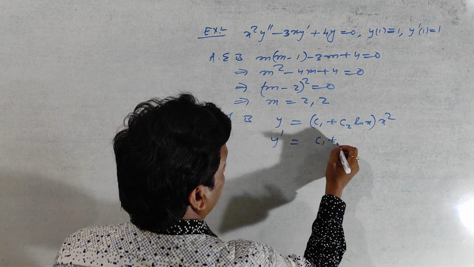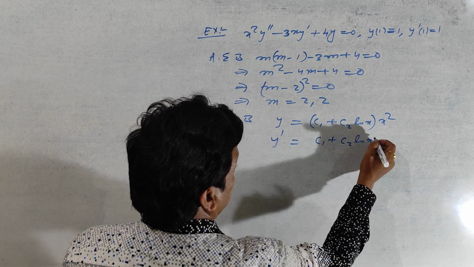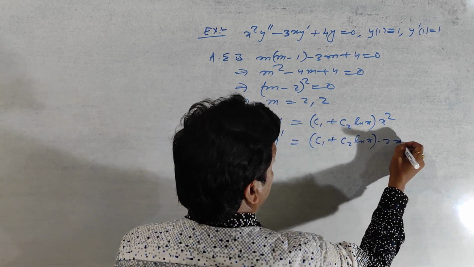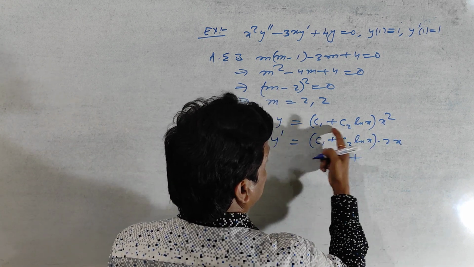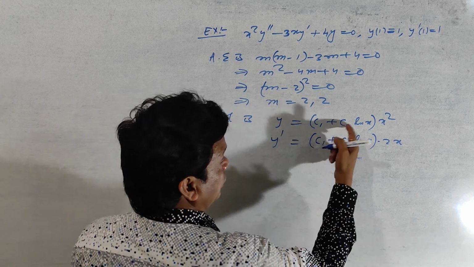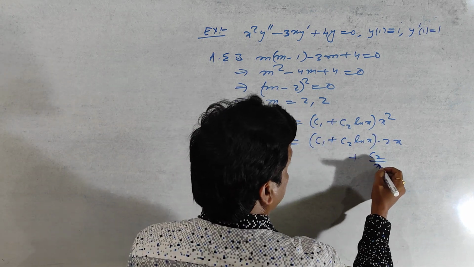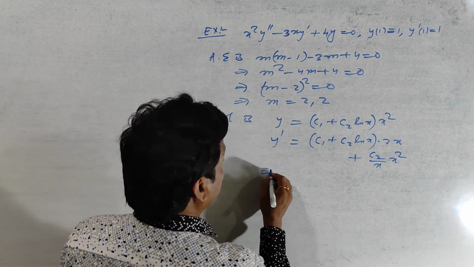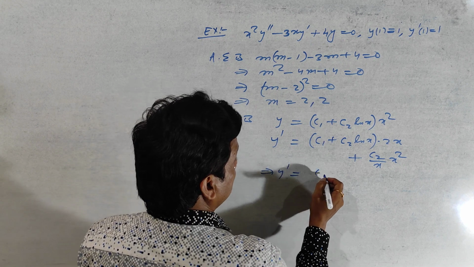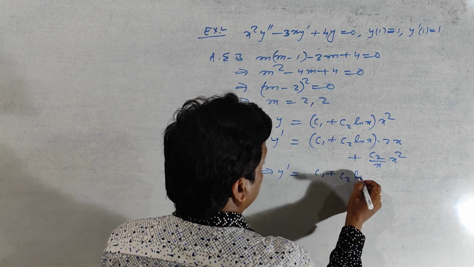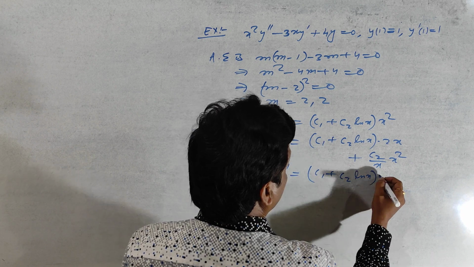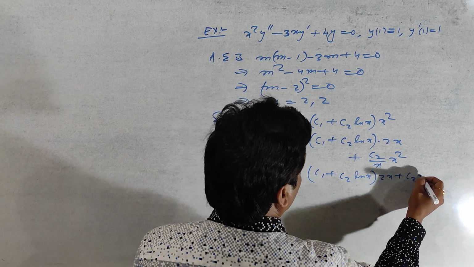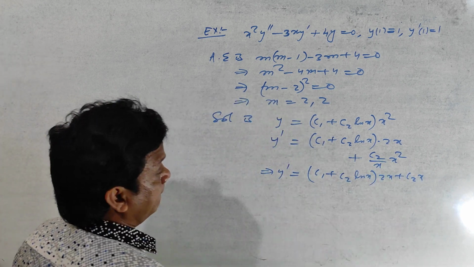Keep c1 + c2 ln x constant, then the derivative of x² is 2x, plus the derivative of the first part: derivative of c1 is 0, then c2/x, into x². So it becomes y' = (c1 + c2 ln x)·2x + c2 x, x cancels out.